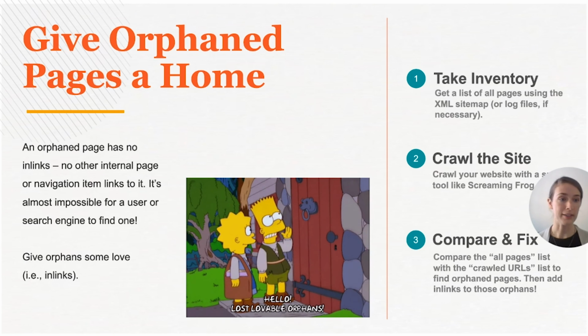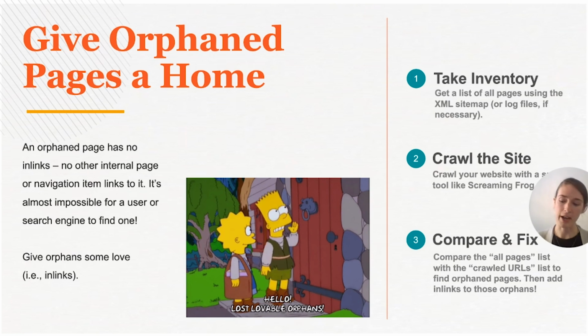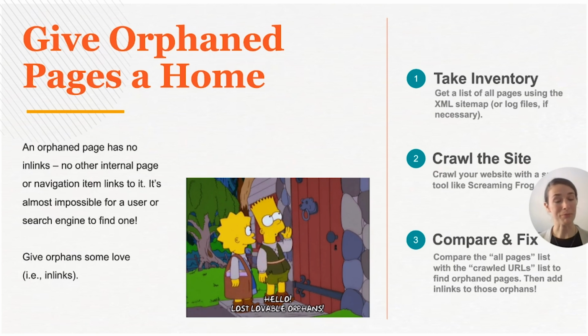Step 2 is to crawl your website to get a list of all the indexable or discoverable URLs. And then finally, you want to use some fancy conditional formatting in your spreadsheet to compare these two lists and see which URLs exist on your website but actually aren't discoverable by search engines. And those are your little orphan pages.